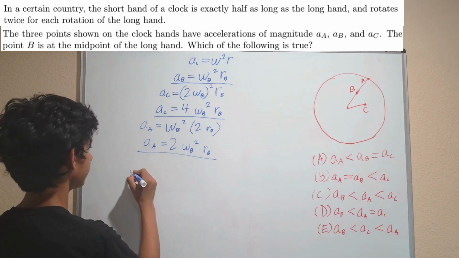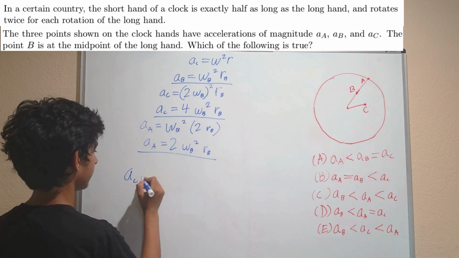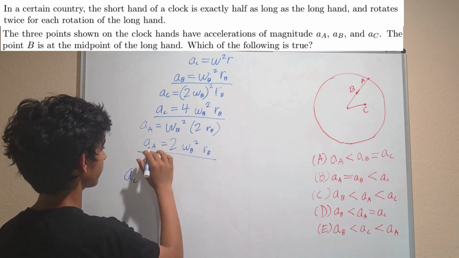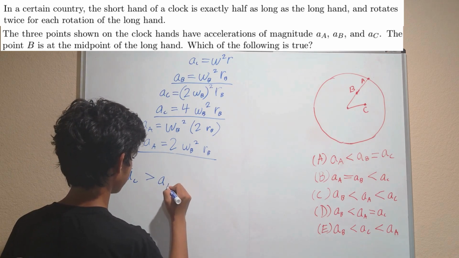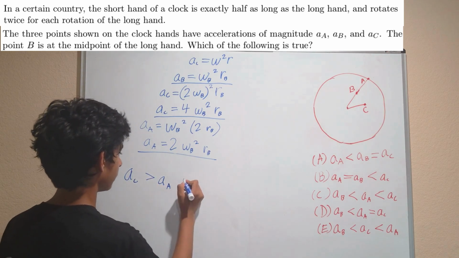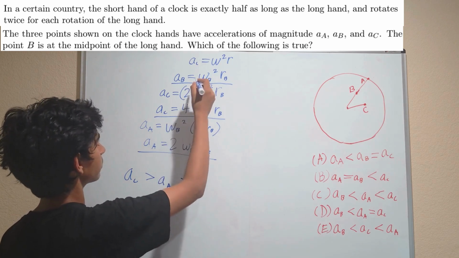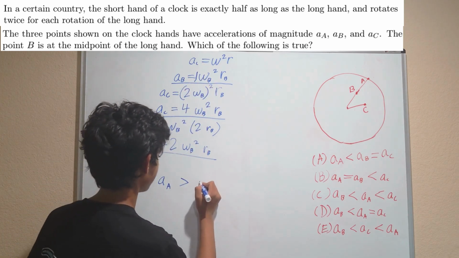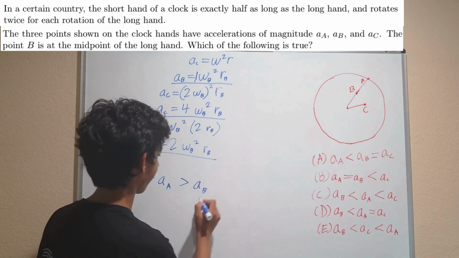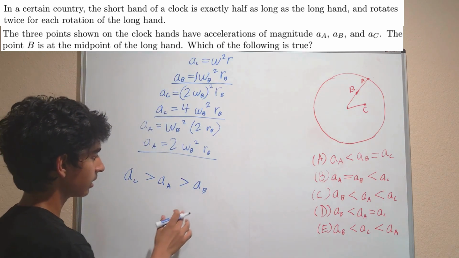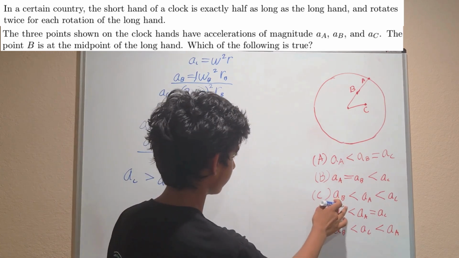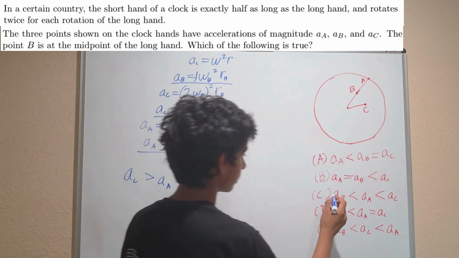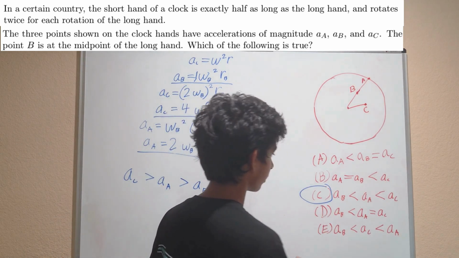Ranking these, the acceleration of C is the largest, then the acceleration of A is next, and finally AB has a constant of 1, a secret 1 there, so it is last. Flipping this around: AB, then AA, then AC. So C is our answer.